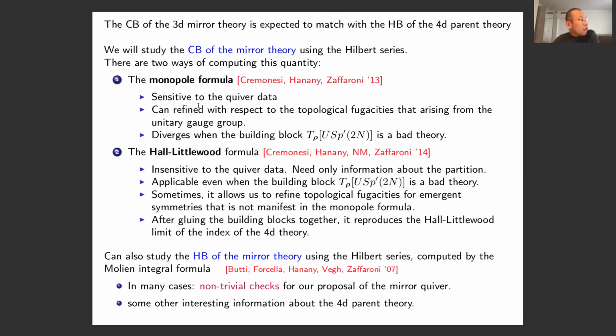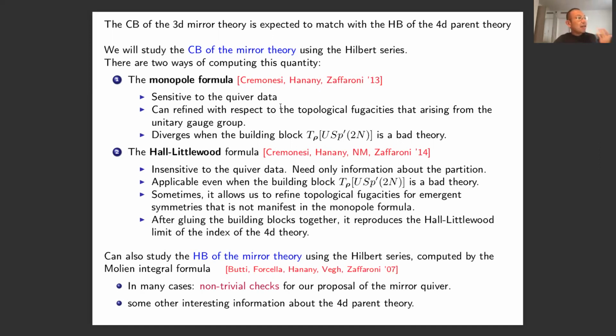There are two ways of computing the Coulomb branch of the mirror theory, namely the Hilbert series. It comes with two types of formula. One is called the monopole formula. This is highly sensitive to the quiver data that I told you, and you can refine certain fugacities and so on. So basically, these quantities are like the index in a lot of ways.